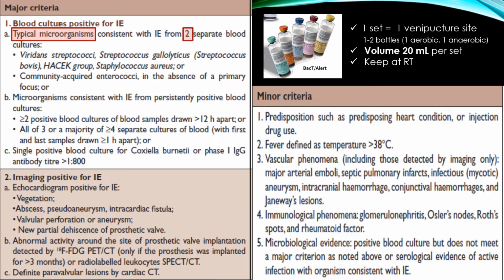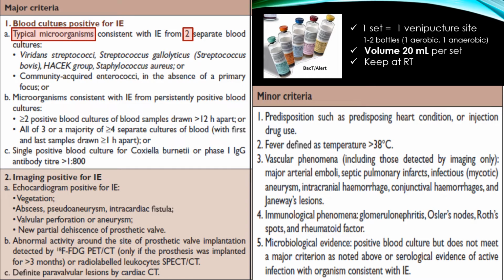It's not available in many microbiology labs. So the most common practice is that one set is only 1 bottle, the aerobic culture. Two venipuncture sites from the left arm and right arm is the most common method to collect. And 20 milliliters of volume is key to increase the yield of positive blood culture.